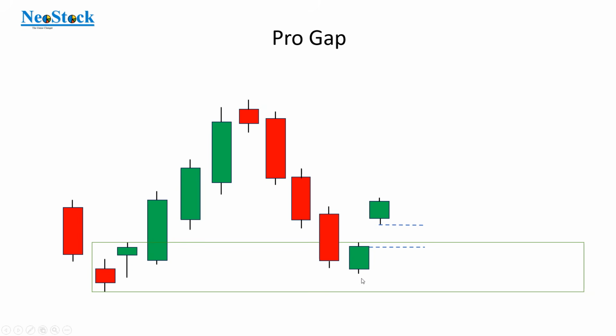At present, we are discussing the demand zone, so let us focus on it. Because professionals are adding orders, the price is moving up due to the new orders placed by the institutions. That is the reason why we call this gap a professional gap.